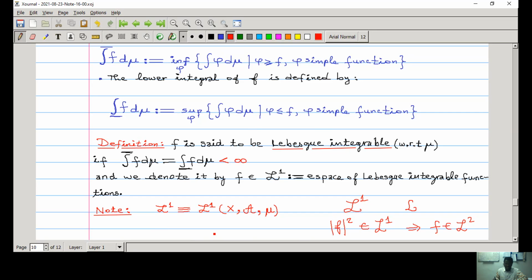But if the function is p integrable, I mean, if the p-th power of f is Lebesgue integrable, we denote it by f is an element of LP. Of course, this LP is different from capital LP, like that. They are different, right? This is cursive or calligraphic LP. So this notation is important.